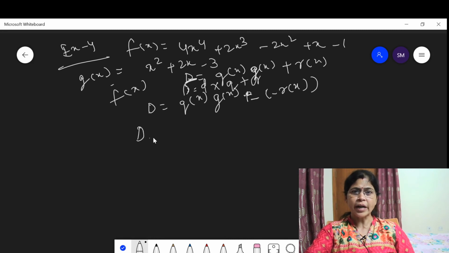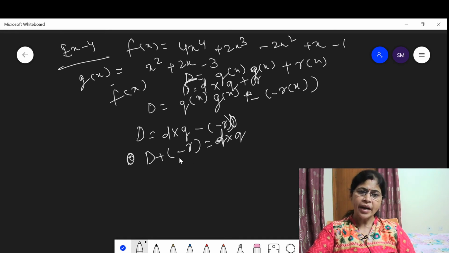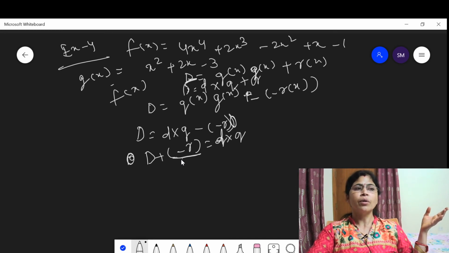This means you should write capital D, small q, minus of minus, in place of remainder R. We can write this in this way: when you add D plus minus R, this is equal to D into Q. This means we should add the negative of the remainder, means the inverse of the remainder.